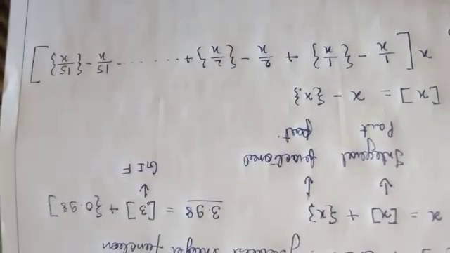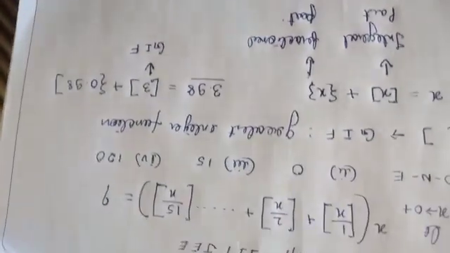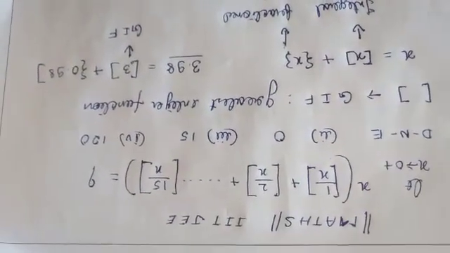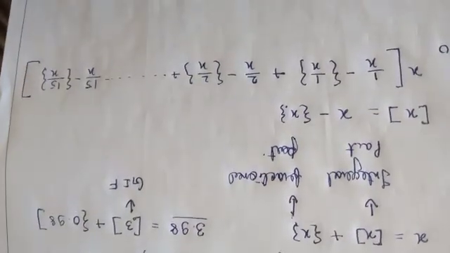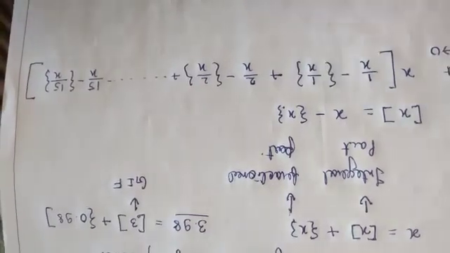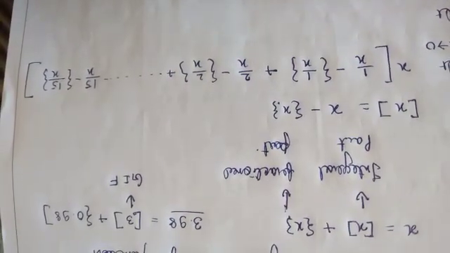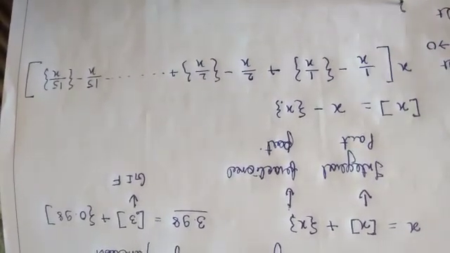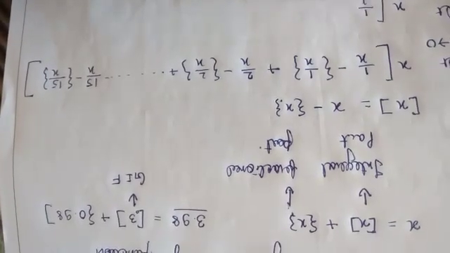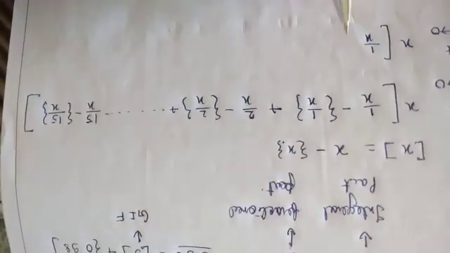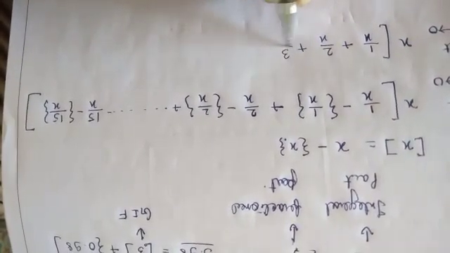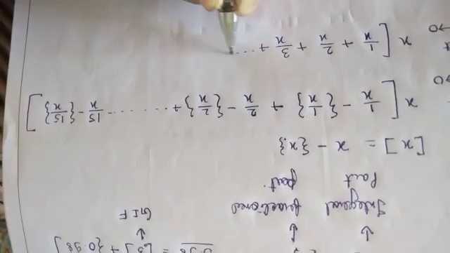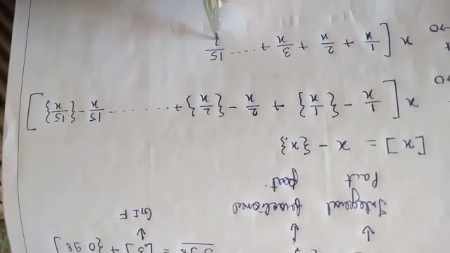You can see it like this. Now let me take them separately. Limit x tends to 0 of x times 1 upon x plus 2 upon x plus 3 upon x and so on up to 15 upon x.